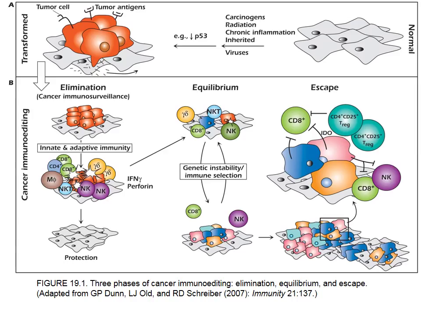So you can see from here, there is a normal cell. This is your normal cell, let's say skin. Normal skin, happy skin, everything's okay. But there are carcinogens. You are exposing your skin to carcinogens, may it be anything that you apply on the skin, or radiation, or chronic inflammation, or you inherited a skin condition, or you have a viral infection.